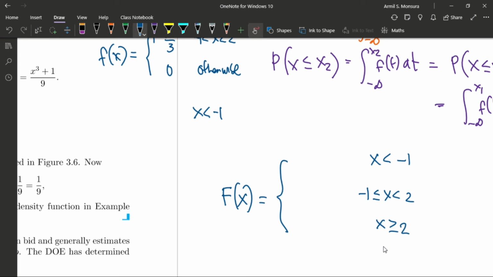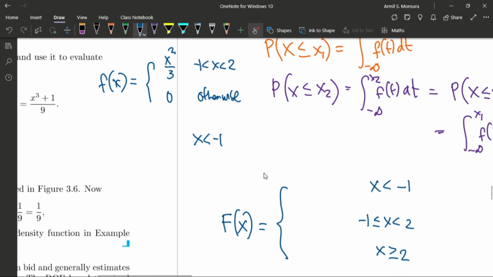So, ayun. Now, as you can see, prior to x of -1, yung f of x nyo, 0 pa yung value niya, because that was under the 0 otherwise interval. So therefore, when your x is less than -1, your cumulative distribution function should equal 0.